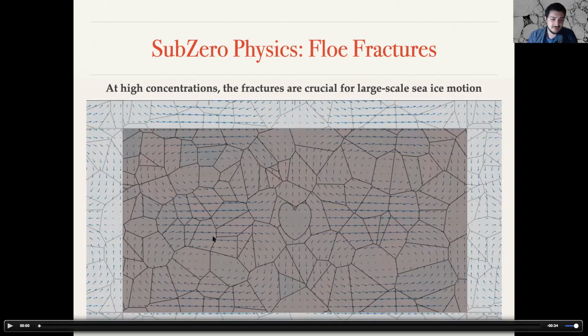The main issue with these convex floes is that if you have a divergent current or divergent type forces, all these floes can just be pulled apart without any resistance, or maybe with some resistance, but eventually they can be moved apart unless they're bonded together.